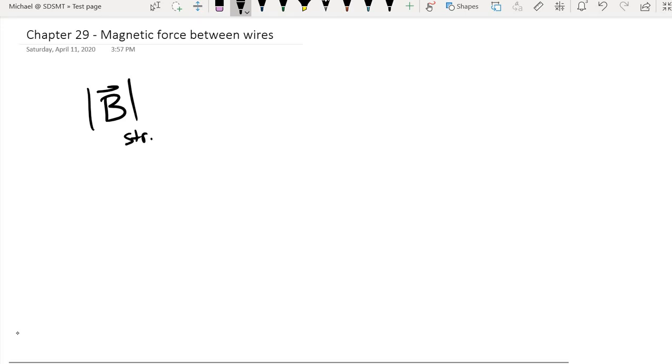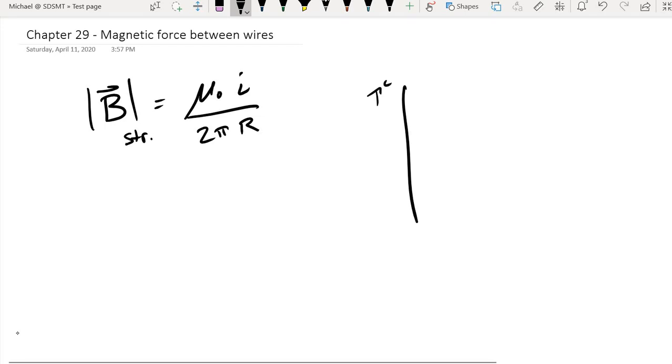So for the straight segment of wire, the expression that we got was mu naught I over 2 pi r. And in this case, I was the current traveling through the wire, and r was the distance from the wire.